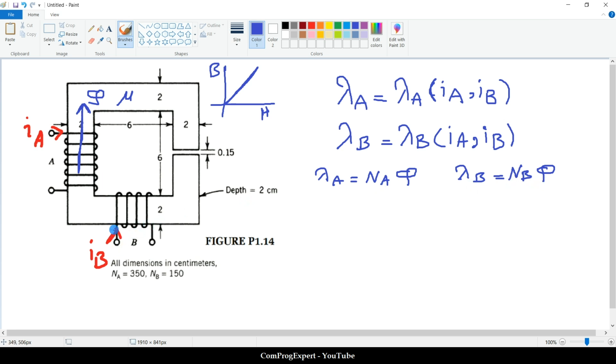So here I consider these directions, right? This field is in the same direction as this field. And how can we calculate the phi?